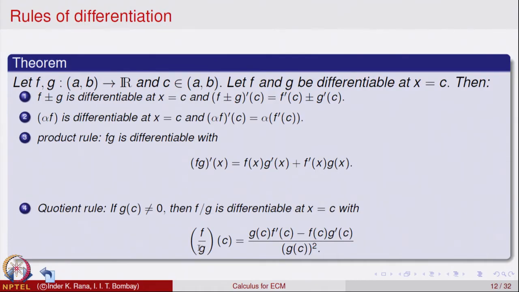So, basically for computation purposes, if g(c) is not equal to 0, then f over g is also differentiable at the point c, and the derivative is given by this quotient formula, and the way to remember is that g is in the denominator, so g(c) square, with g(c) multiplied by f' in the numerator minus f(c) into g'(c).